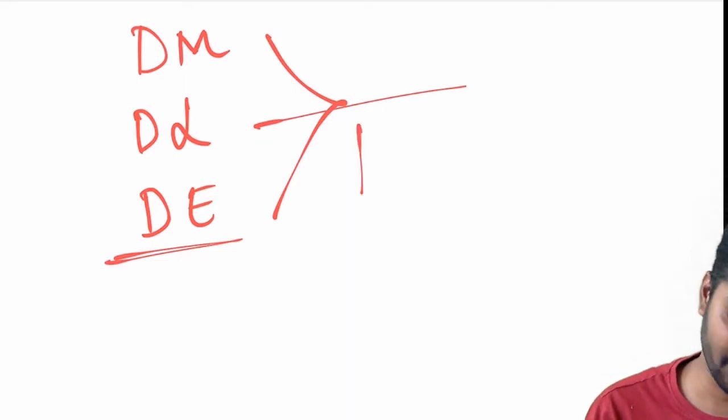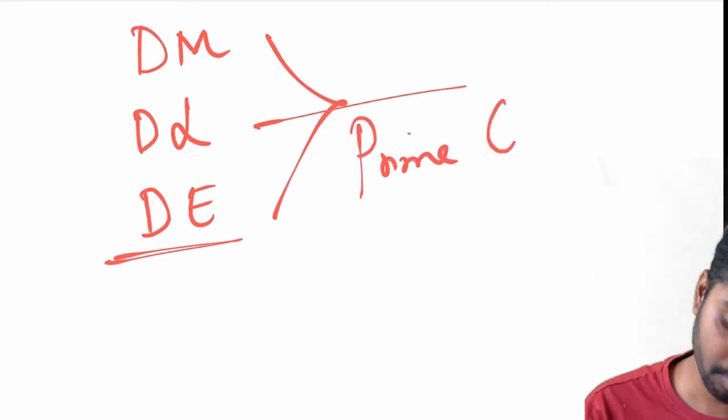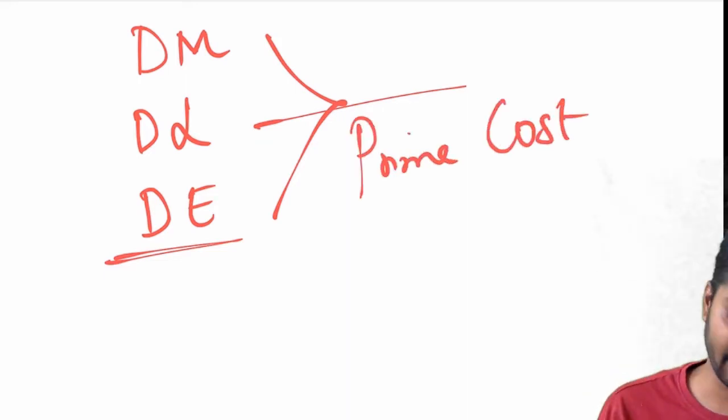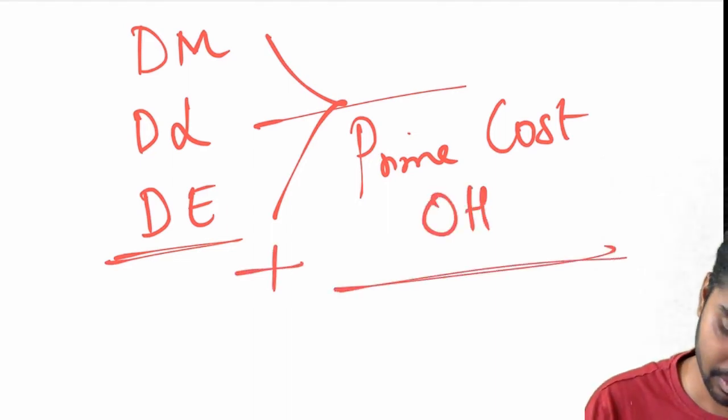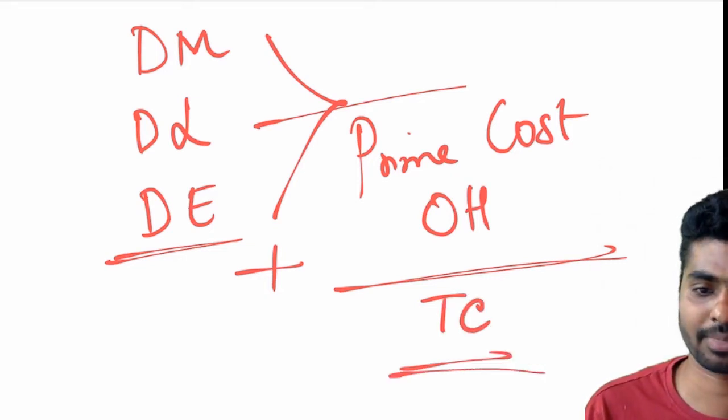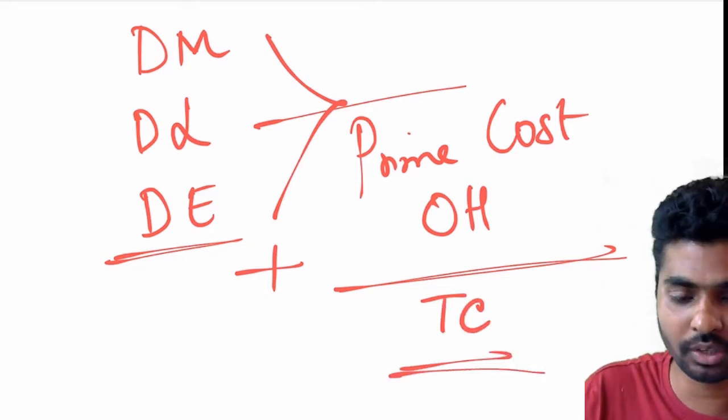Perfect. We call this prime cost. To know the final cost of a product, I need to add my overheads. Prime cost plus overheads becomes my total cost of a product. Superb. Are you clear till here?